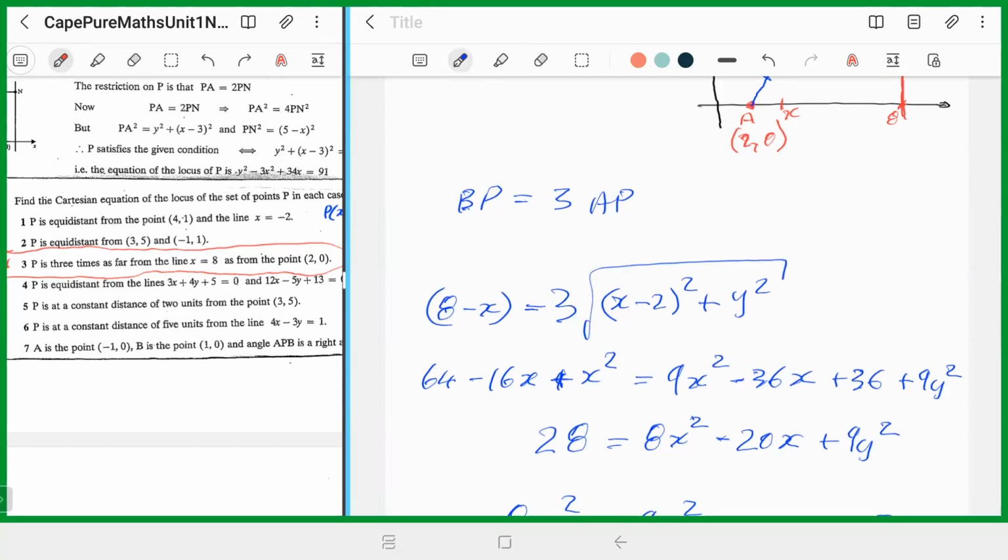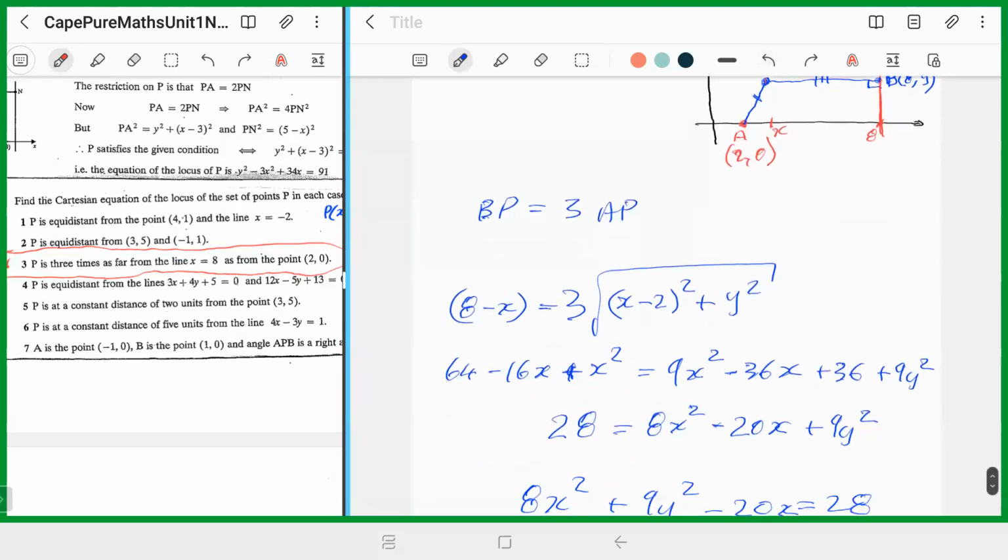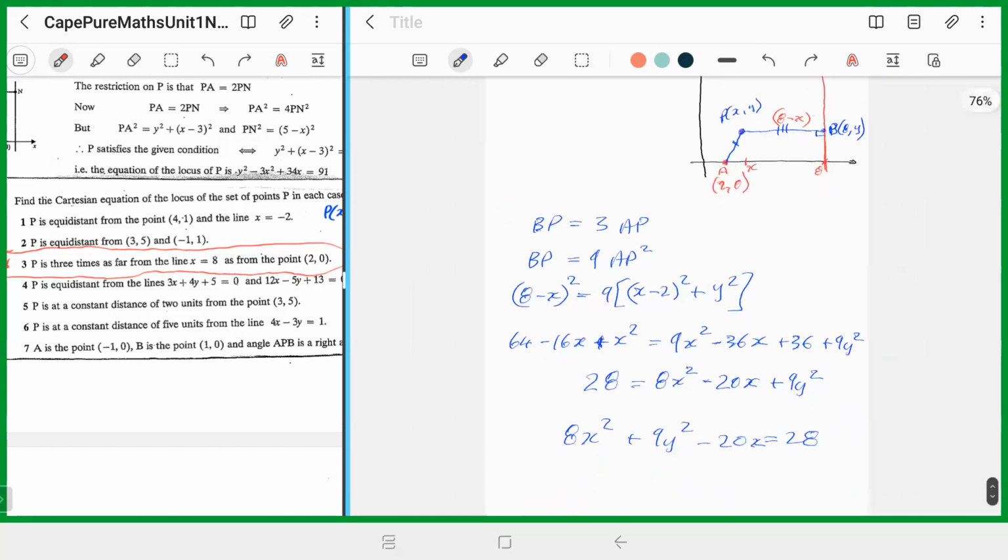That's all. Because BP would still be 8 minus x up here, so this is 3 times this length. So if I square both sides now, I'm still going to get this expression. Understand? With the square or without, it's not a different result. You're going to get the same answer. Alright, so that finishes that one.